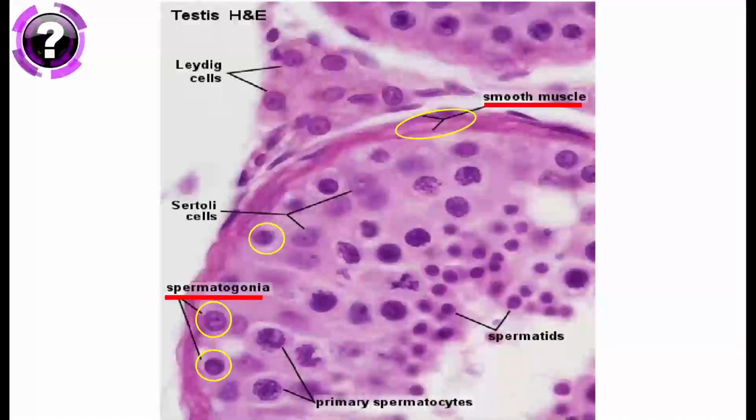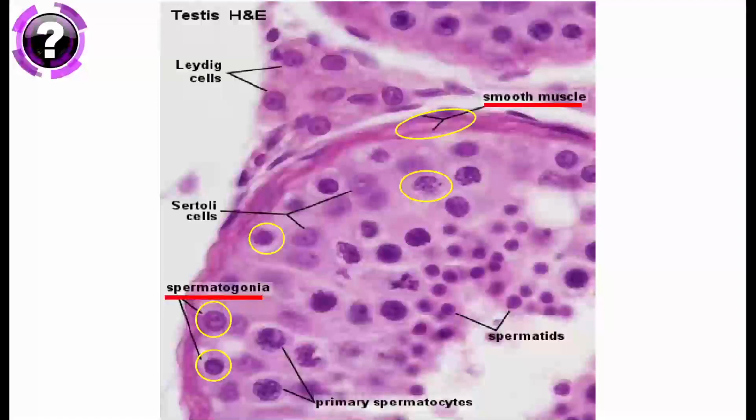Then the spermatogonia are going to develop into the next stage, which is primary spermatocytes. And this is one spermatocyte, and it is a primary because these cells are dividing by mitosis continuously, because we need millions of sperms. We don't need few, we need millions, and to get millions of cells you have to have very fast mitosis.